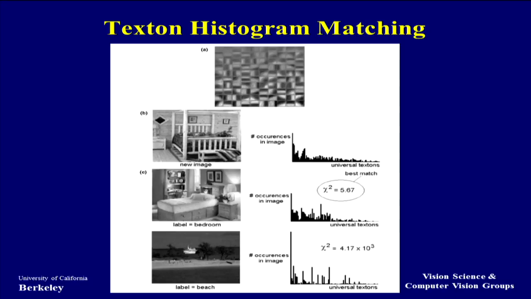Remember what this is. This is a k-means clustering, right? So every new patch is not going to be anything we have seen before, but we can project it onto the keyword dictionary and see where it lands among those 100 textons.